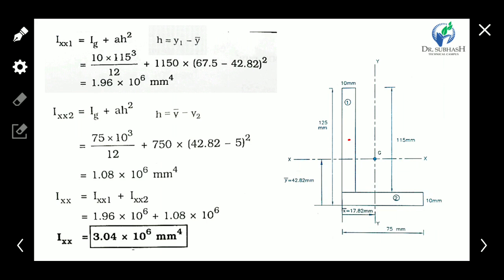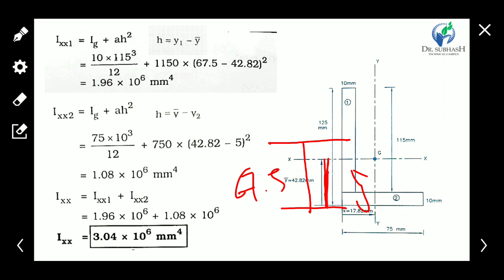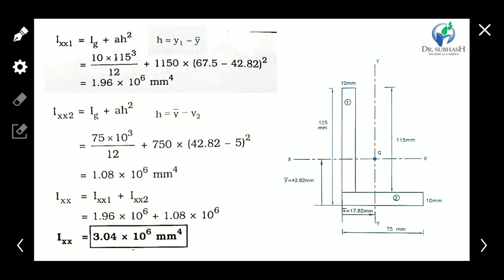So the total CG distance from the base is 67.5 and the total y bar distance is 42.82. So subtracting 42.82 from 67.5, we get the value of this h1.